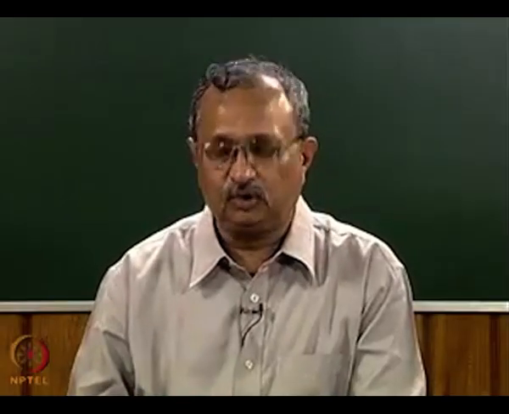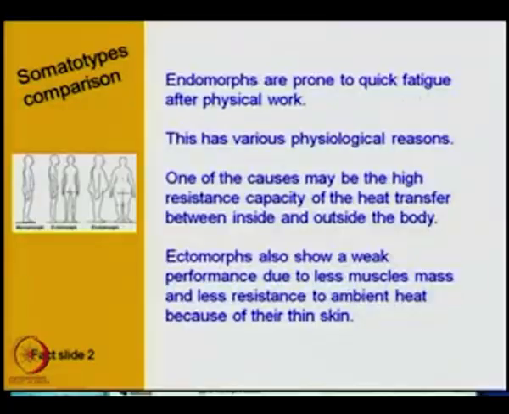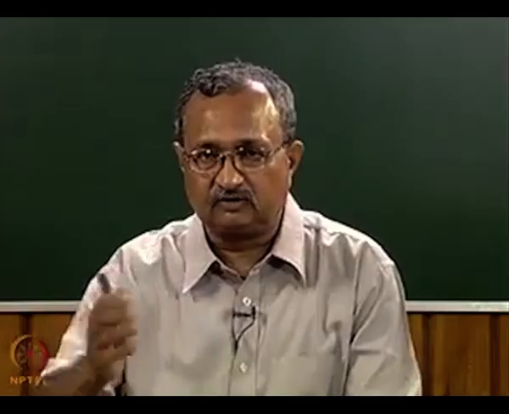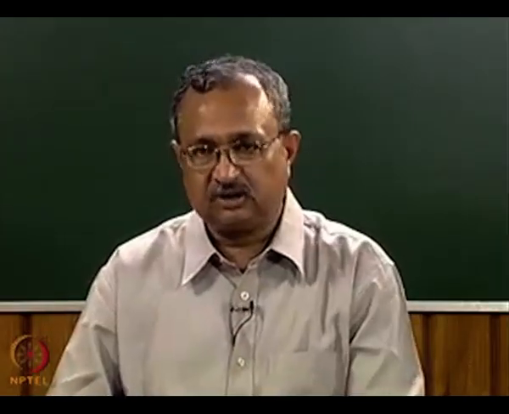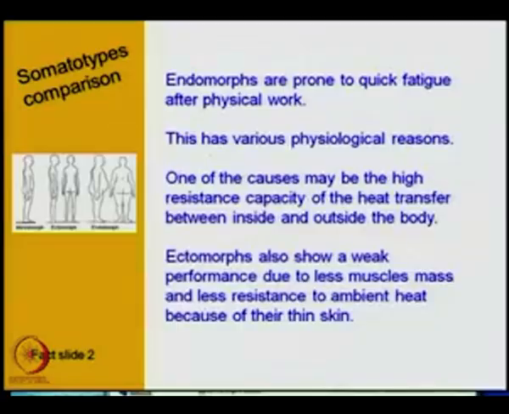Endomorphs are prone to quick fatigue after physical work because the generated heat inside is not going out properly due to the thick fat content under the skin. This has various physiological reasons.